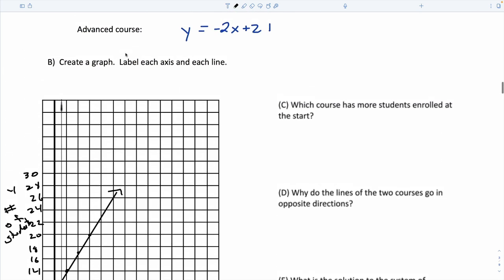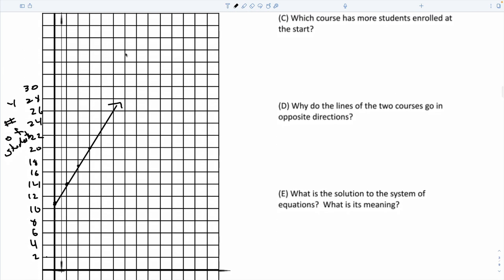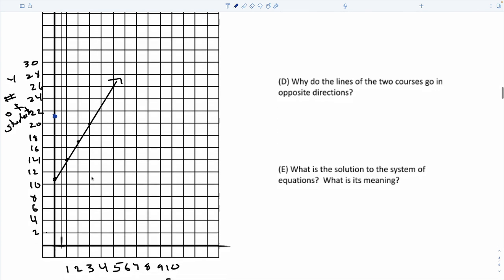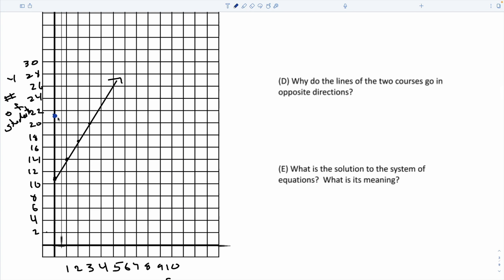And 21 minus 2x, start at 21. Oh, that's the start. Which way should I put my slope for this one? If it's negative 2x, Avery, what should I do from 21?